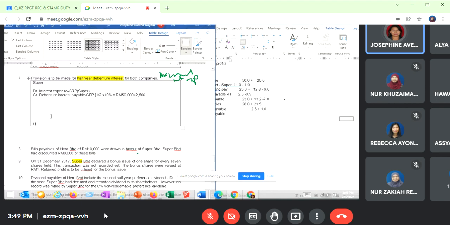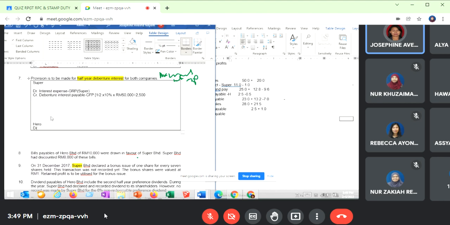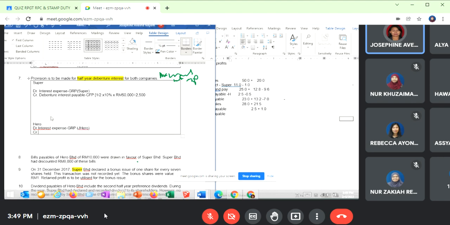Now we take a look at the other party, Hero. The same case. Hero will recognize the interest expense, and that will go to the retained profit of Hero. And then you will credit the debenture interest payable. That will go to the consolidated financial position.